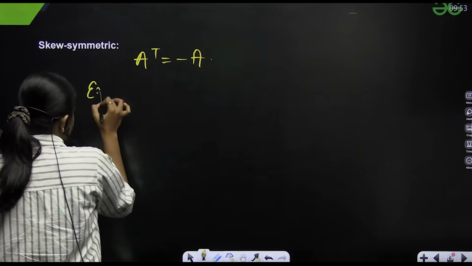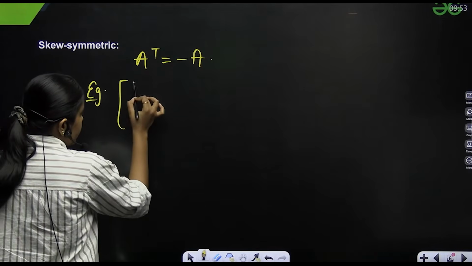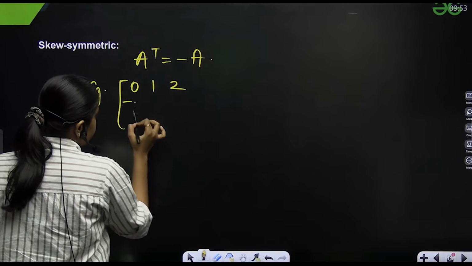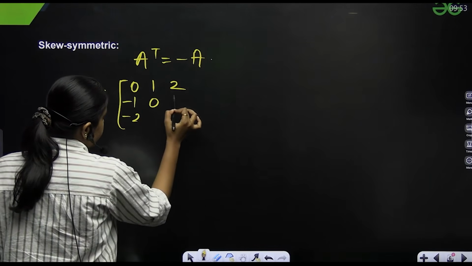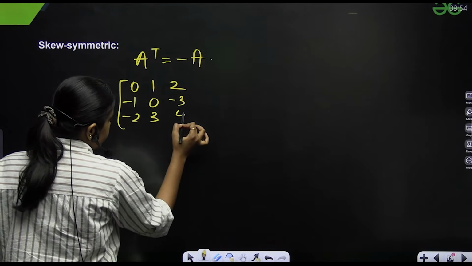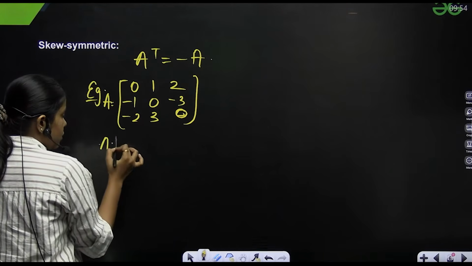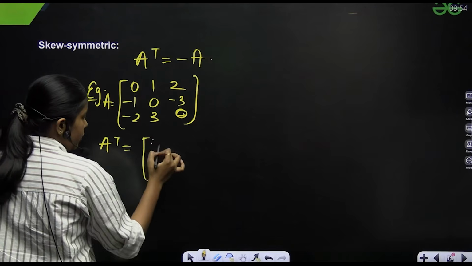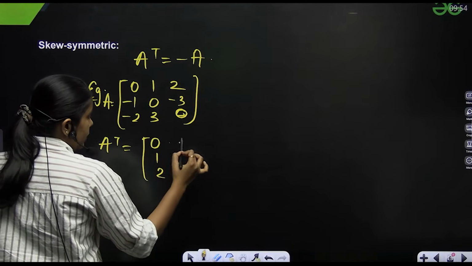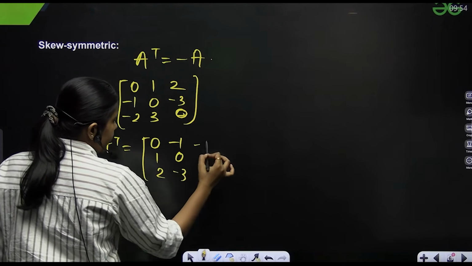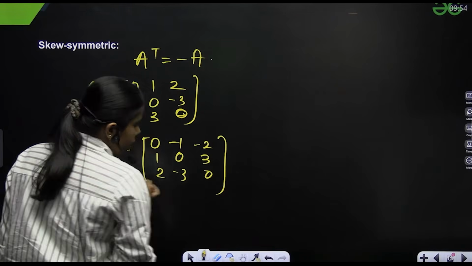So let's take one example. Let's suppose this is my A matrix. If I take the transpose, the transpose would be 0, 1, 2, minus 1, 0, minus 3, minus 2, 3, 0. Right?